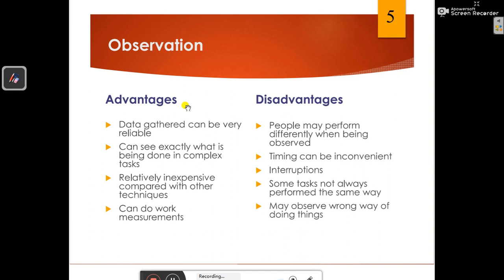Some tasks are not always performed the same way; every task might not be executed in the same order or in the same way. So observation might lead to a different perspective, and you may observe the wrong way of doing things. So these are the advantages and disadvantages of observation.